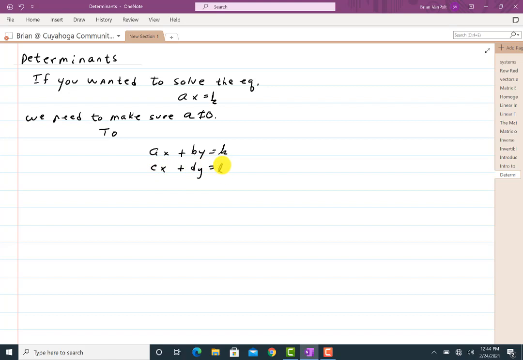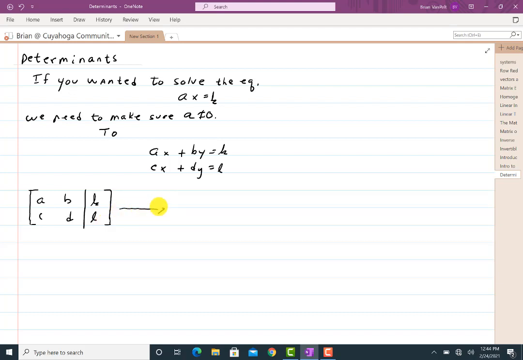Like so. And if I turn it into an augmented matrix, let me work it until we can determine what it is we need to happen so that there's guaranteed to be solutions.